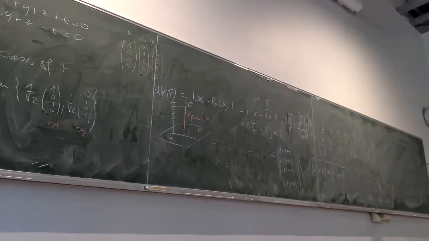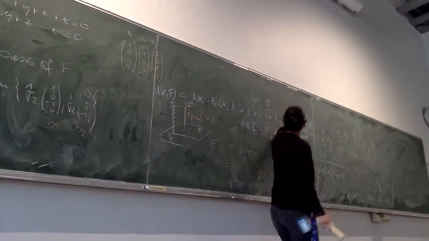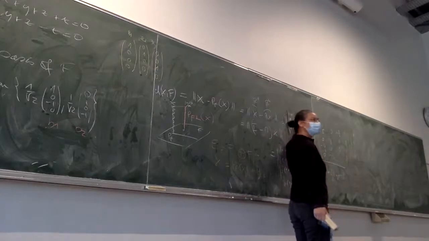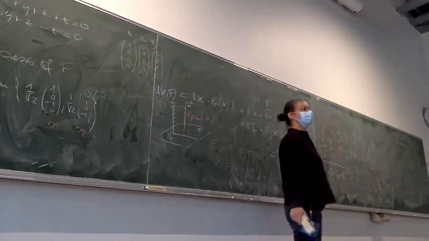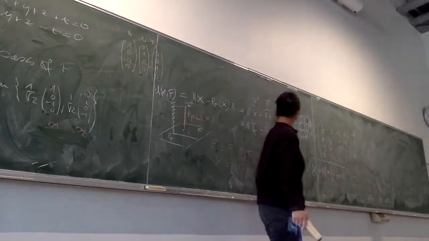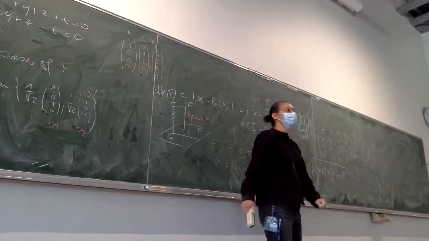For the second row, when doing this difference, y minus 1/2 of y plus 1/2 of t, so that's 1/2 of y plus t.